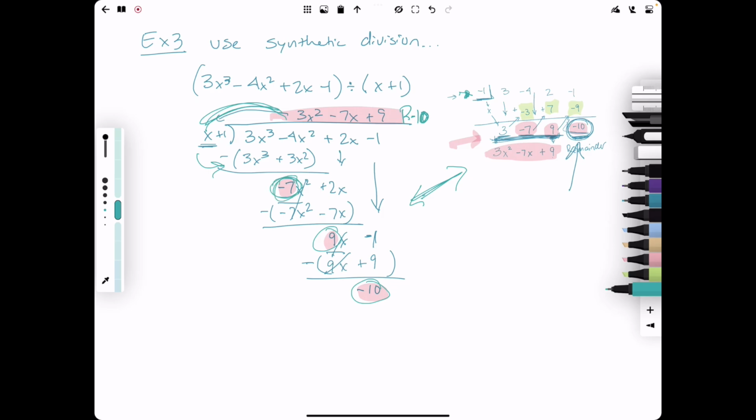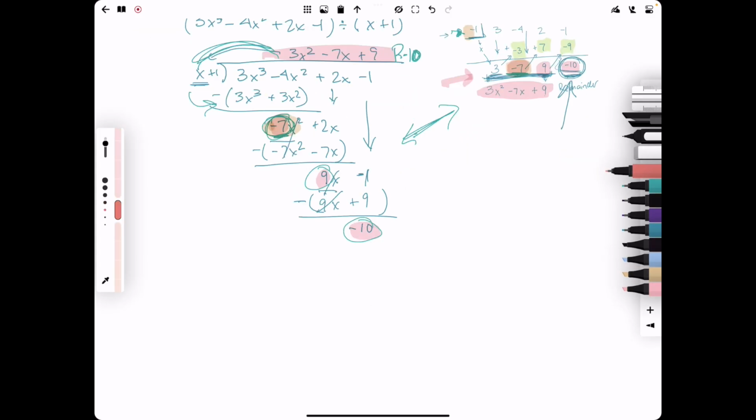And that's where you're adding to get this part on the bottom down here. This is where we were subtracting or adding in this one because we changed this sign. Right? We're going to try it again with a little bit of a twist in this one. Okay, ready?